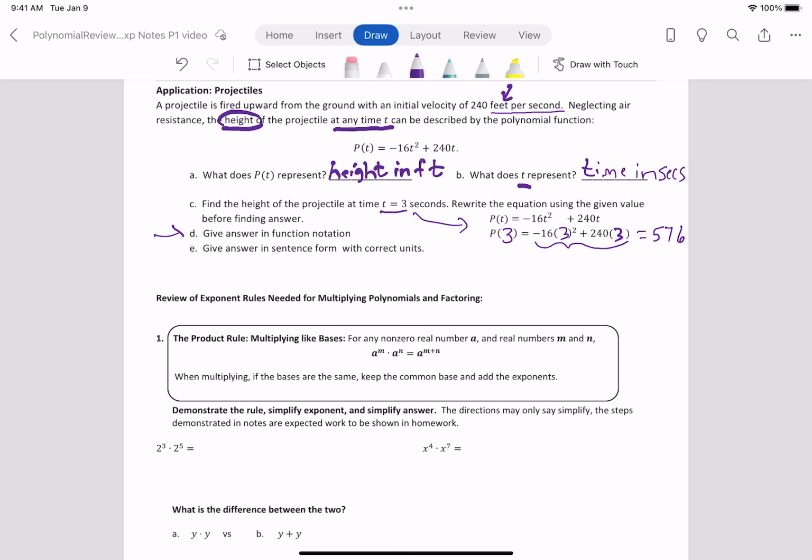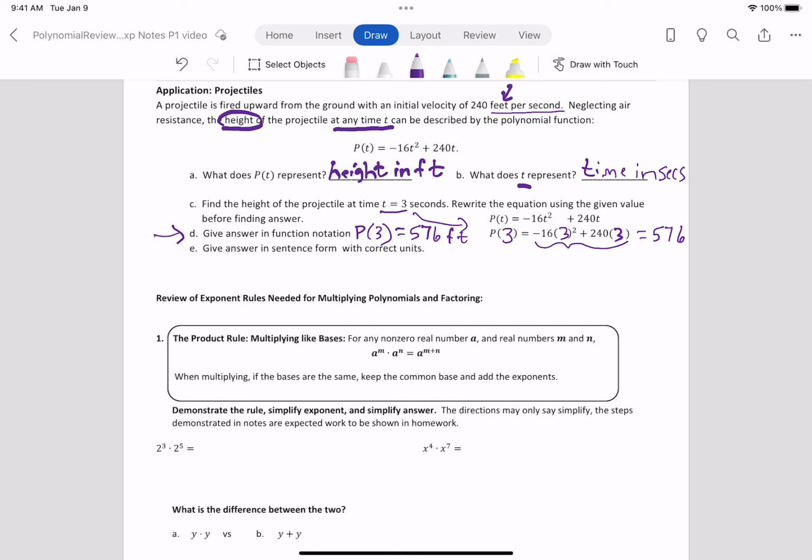So to give the answer in function notation, what that means is the height at t equals 3 seconds. The projectile is at 576 feet. And that's pretty much what giving the answer in sentence form with the correct units is.